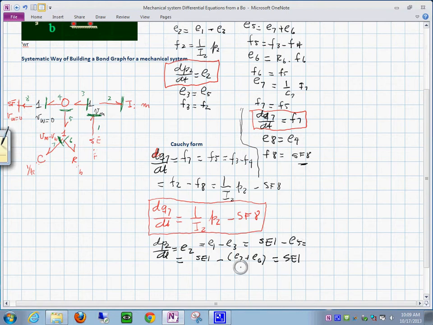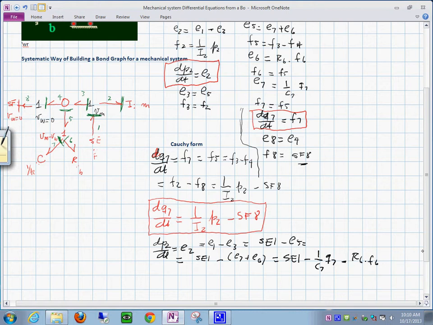What is e sub 7, which in this case would be a minus 1 over c sub 7 q sub 7, and then a minus e sub 6, which is r sub 6 times f sub 6.